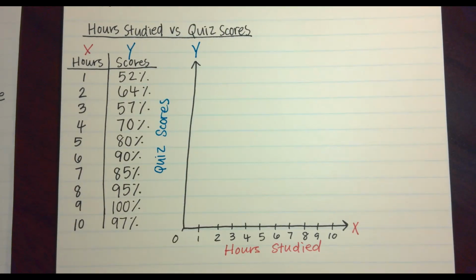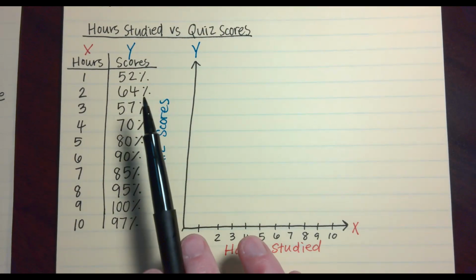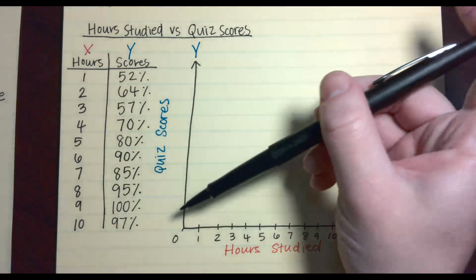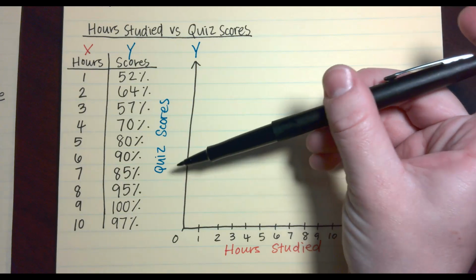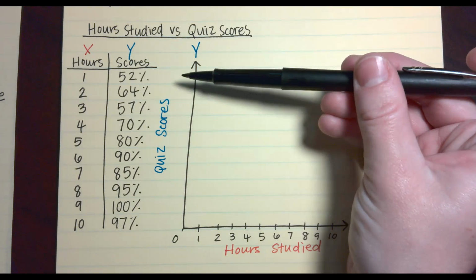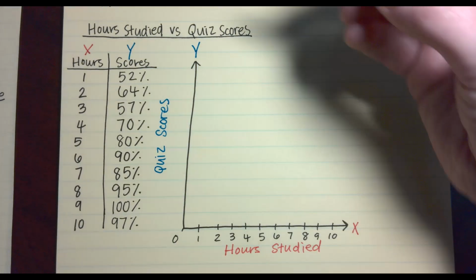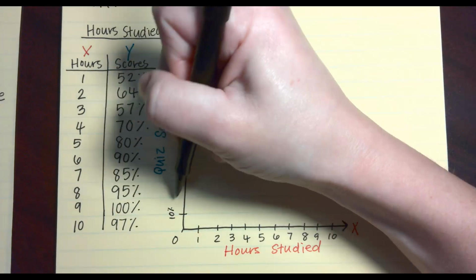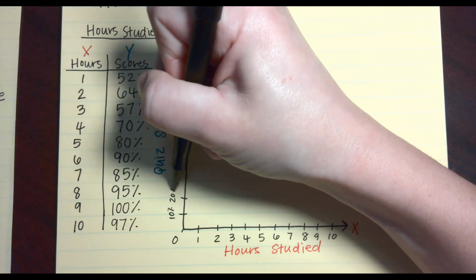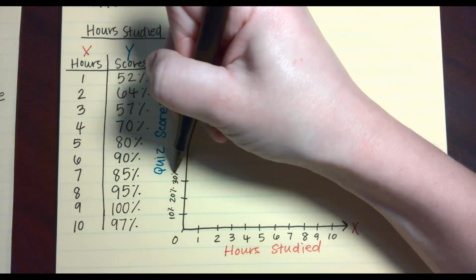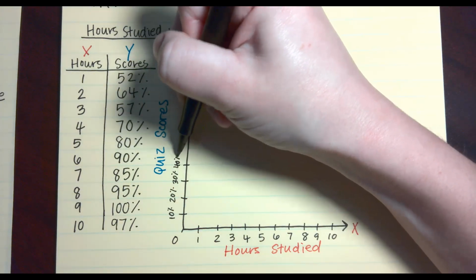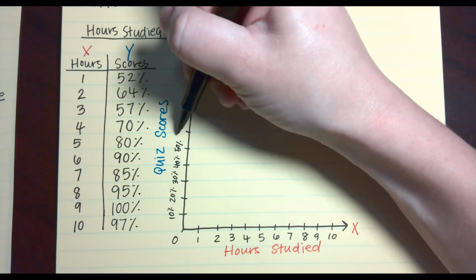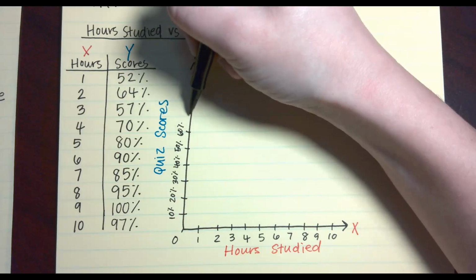And our quiz scores range from 52 to 100%. So let me count here. So I'm just gonna do 10% for each mark. 30, 40. Sorry guys, the statistics unit does involve a lot of writing and drawing and labeling, so your hands might get a little tired.